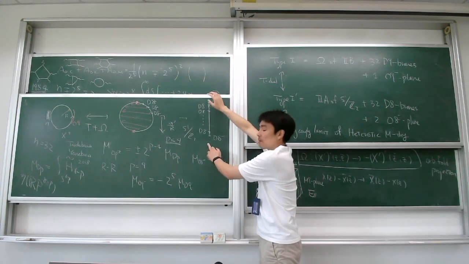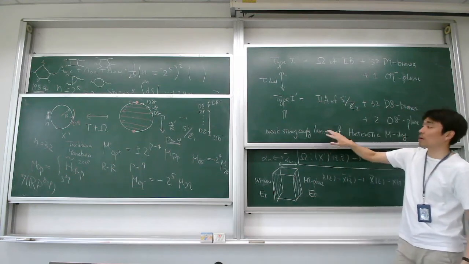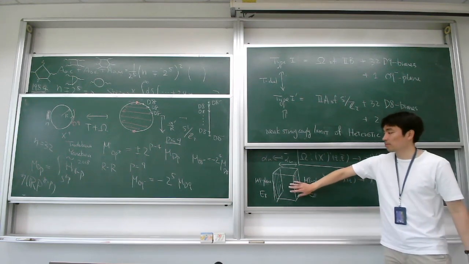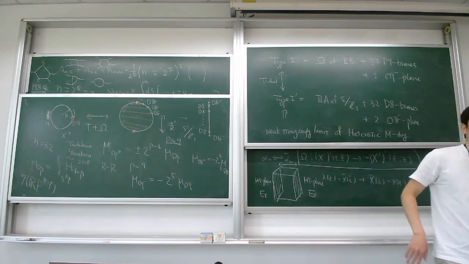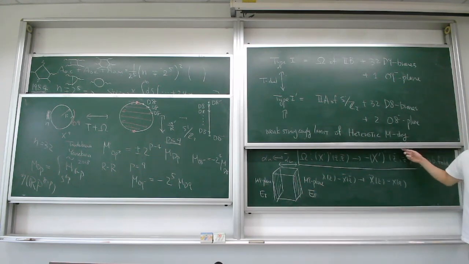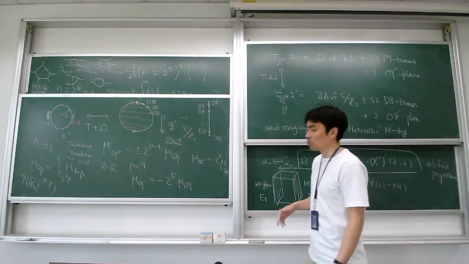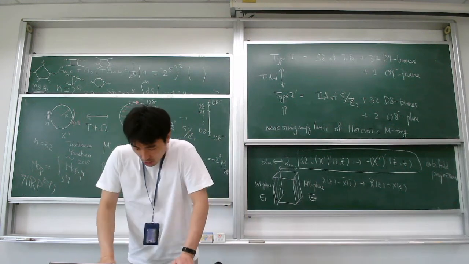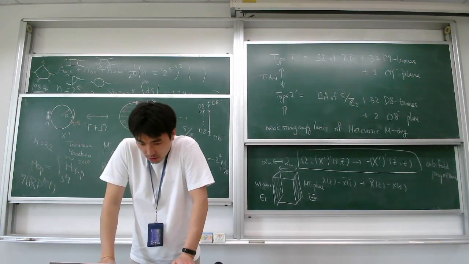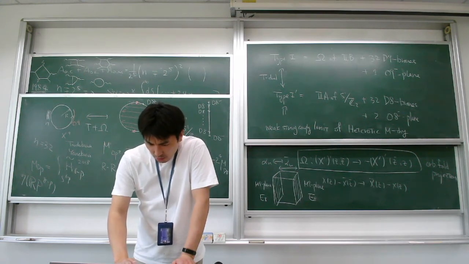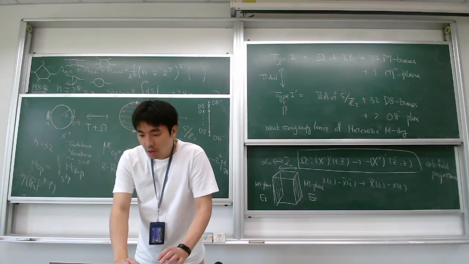That will create E8 plus E8, and the strong coupling limit of type I will create very magical phenomena for the heterotic string. That we will see later. Next lecture I'm going to talk about the heterotic string. Since I have lots of numerical mistakes, it looks like, I will correct them next lecture too. Okay, let's stop here.